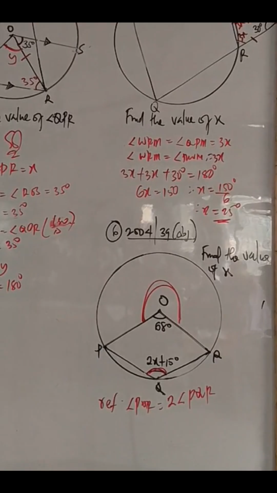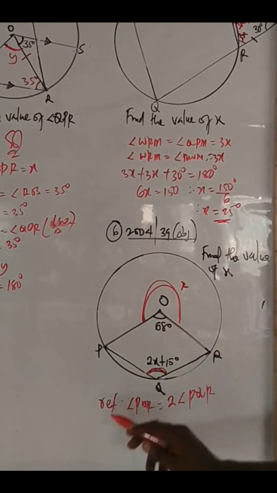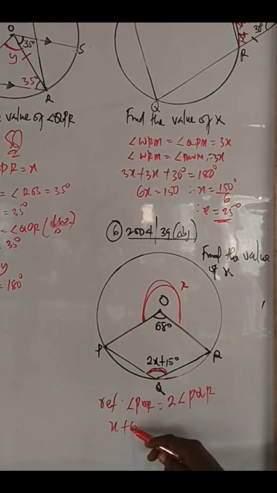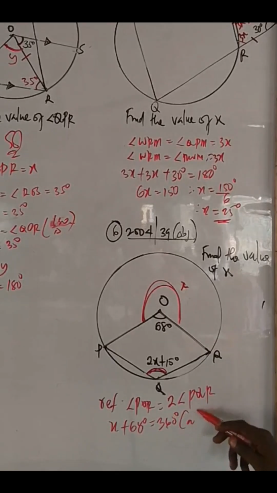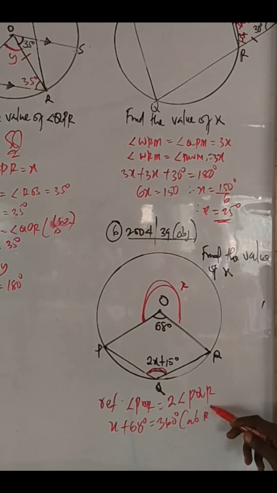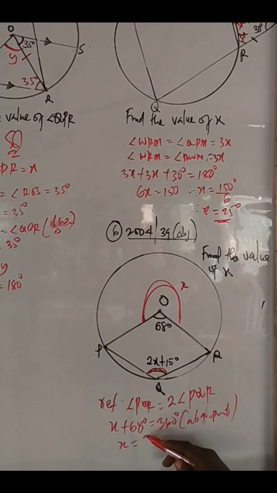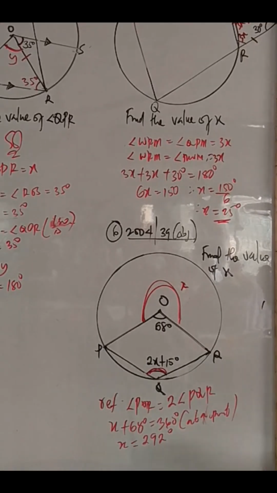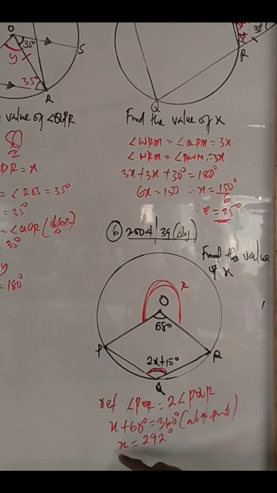But do you know POR? No. Let's call POR x. If we add x, which is POR, plus 68, we must get 360. Why? Sum of angles at a point. So from here, obviously x equals 292 degrees. Then this angle x, which is POR, is twice PQR. So applying this principle, POR, which is x, is 292.